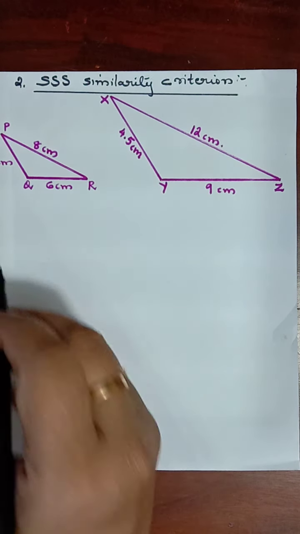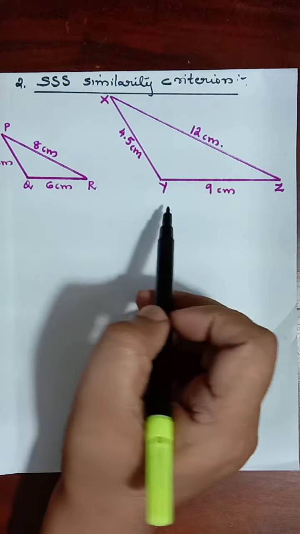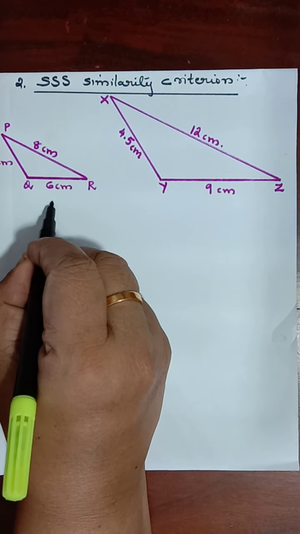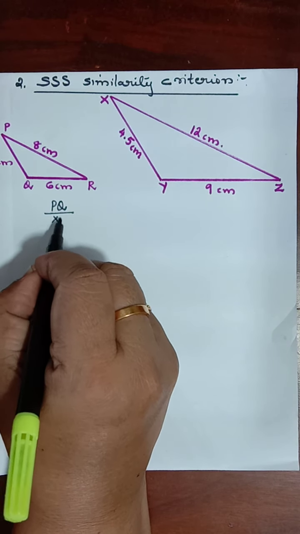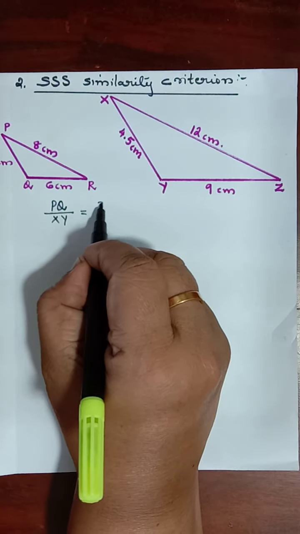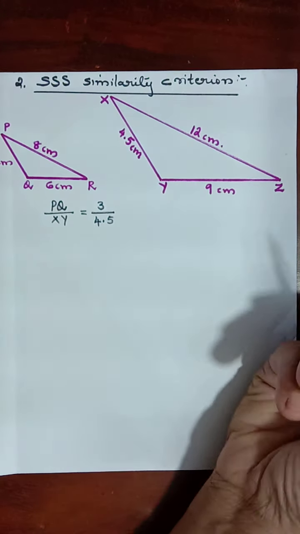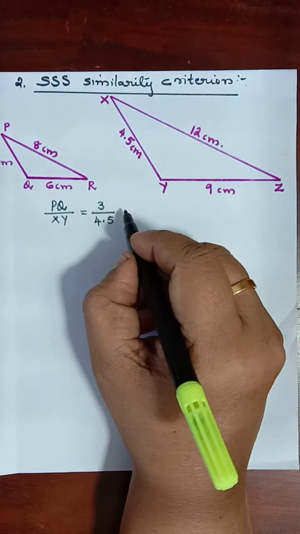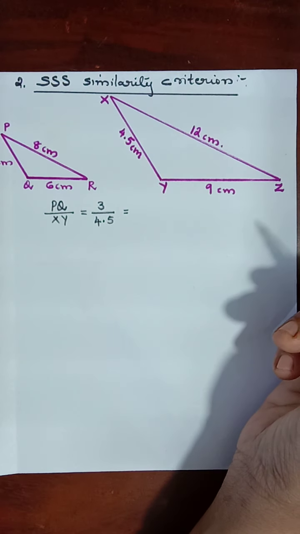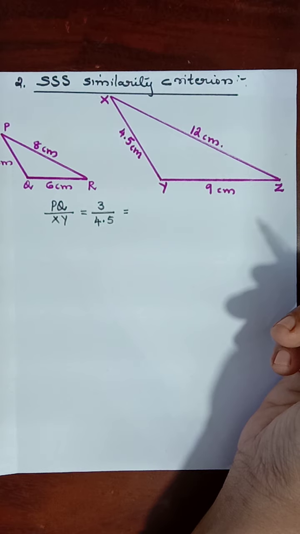Let us check. What is PQ by XY? PQ is given as 3 and XY is given as 4.5. So the common number here is 1.5. Or even by 3 we can cancel.